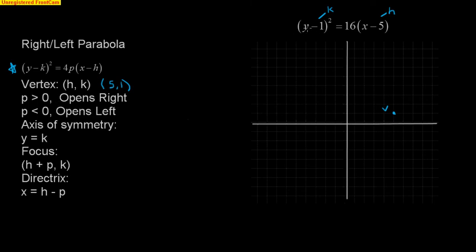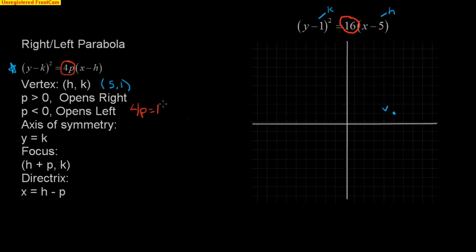Now, because y is first, this is going to open left or right. Now again, same thing we do here. We're going to take whatever's in front of the parentheses, 4p, and that's going to equal 16.